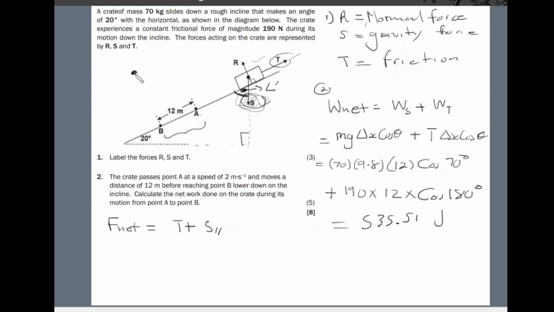Now if you draw a free body diagram, you will have that this is the force of gravity, this is the force of friction, this is the normal force, and then you'll have Fg parallel, right? This is Fg perpendicular.